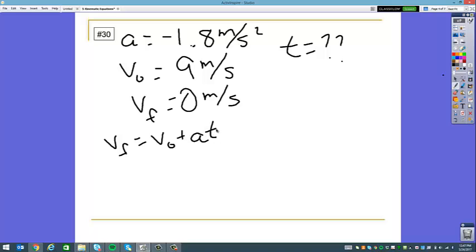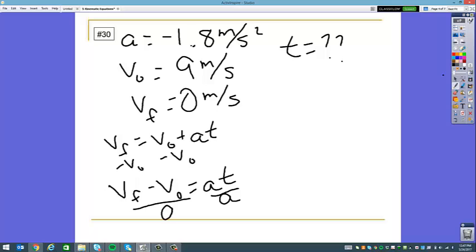And the first thing I'm going to do is solve this equation for time. So to do that, I'm going to subtract VO from both sides. So I'm going to end up with VF minus V naught equals AT. And then I'm going to divide both sides by my acceleration.